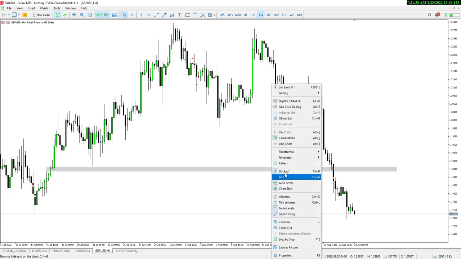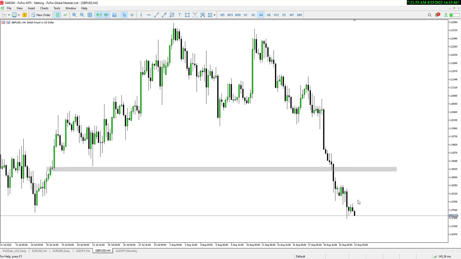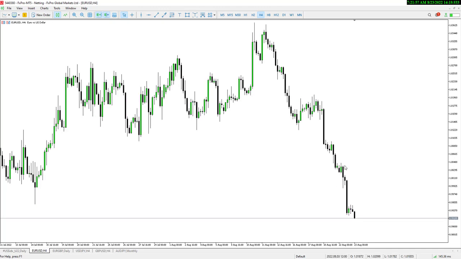So as much as there was positive news for the pound, right? It didn't find any support whatsoever, and the market actually continued going to the downside. So when you get positive news in a market which is bearish like this, it's really ideal to be very careful how you approach those markets.